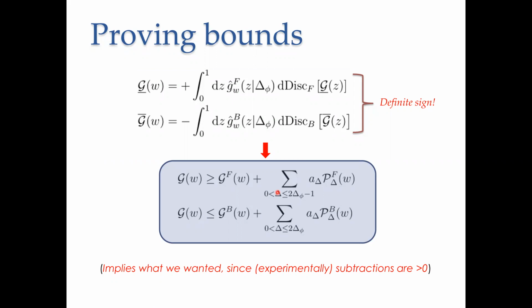Is there some understanding of this saturation? Right. I mean, here you have a bound in which the bound is strictly above if the Polyakov blocks are positive in the first line, if you have these operators below 2 delta phi minus 1, and yet in your first plot it was going very close, so it means that all these contributions were very small.